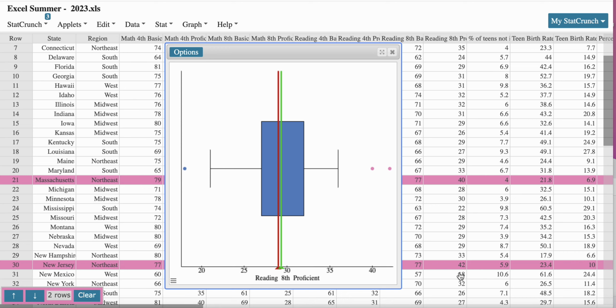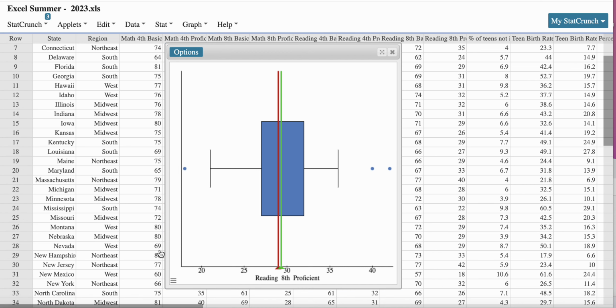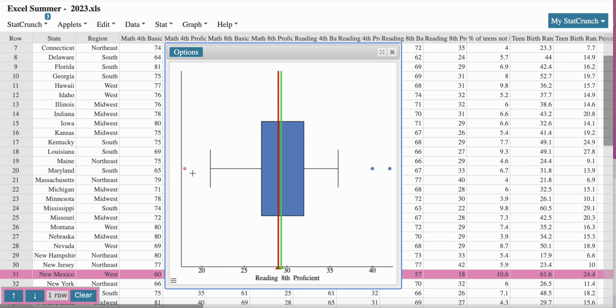All right. It's important if you want to know what the low outliers are, and there's only one of them. It is New Mexico.